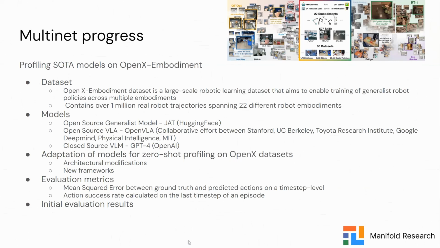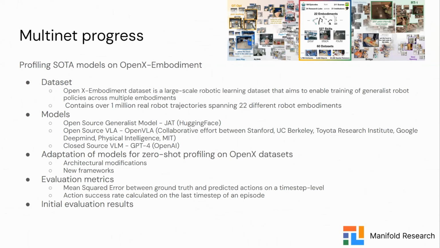And we landed on a mean squared error between the predicted action of the model at a given time step and the ground truth action. So this measures how well the model is able to predict the action to take in the current environment, given the current time step's observation state, image, and natural language instructions.